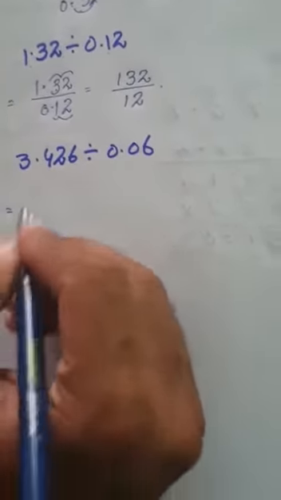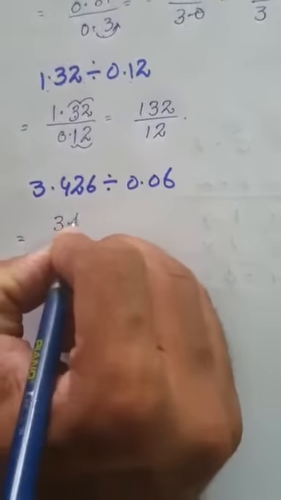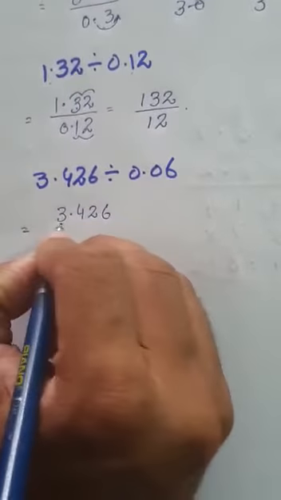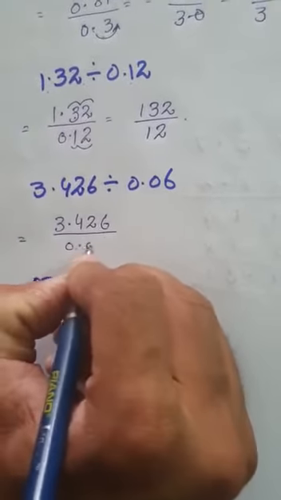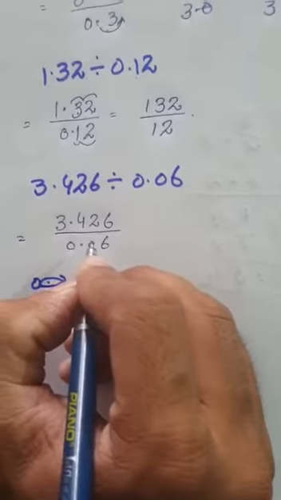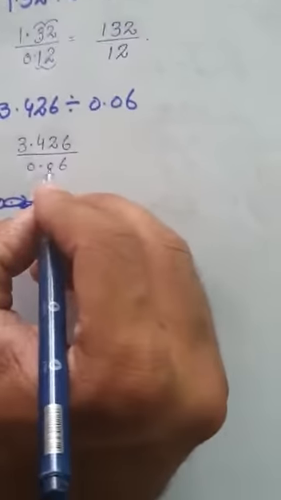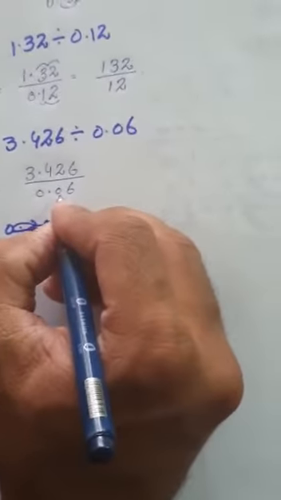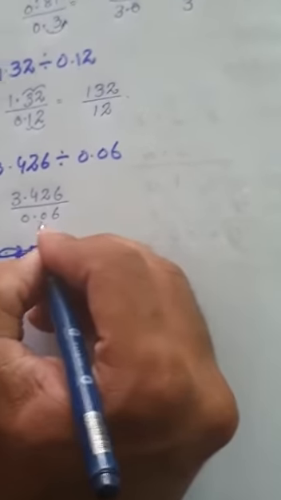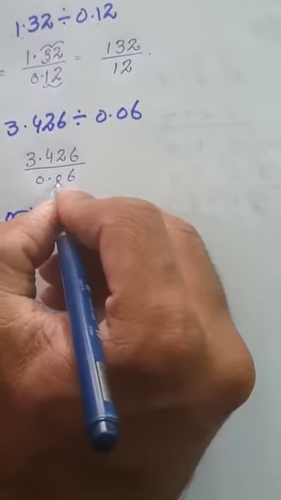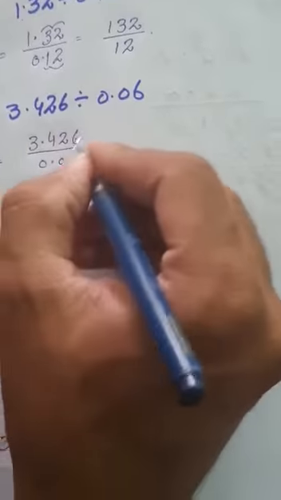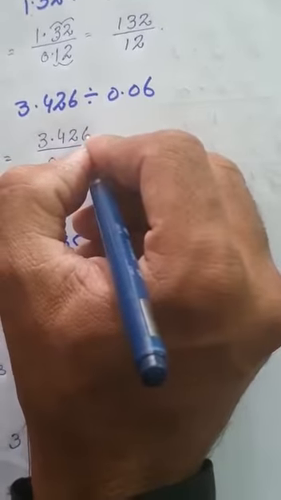In the third example, suppose we are given 3.426 divided by 0.06. As you can see, there are two digits after the decimal in the denominator. That means we need to move two digits in the denominator and two digits in the numerator as well.